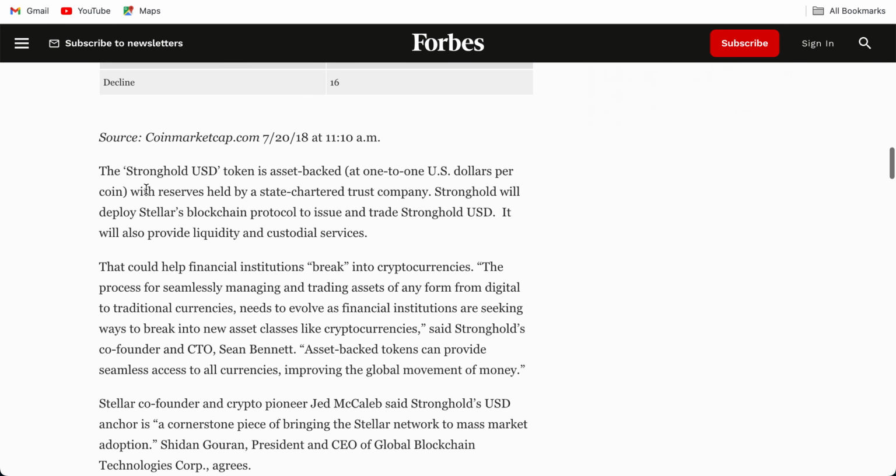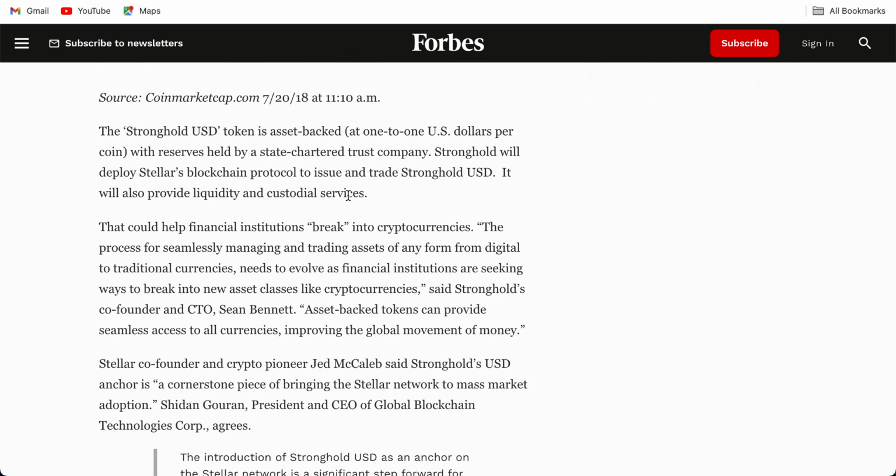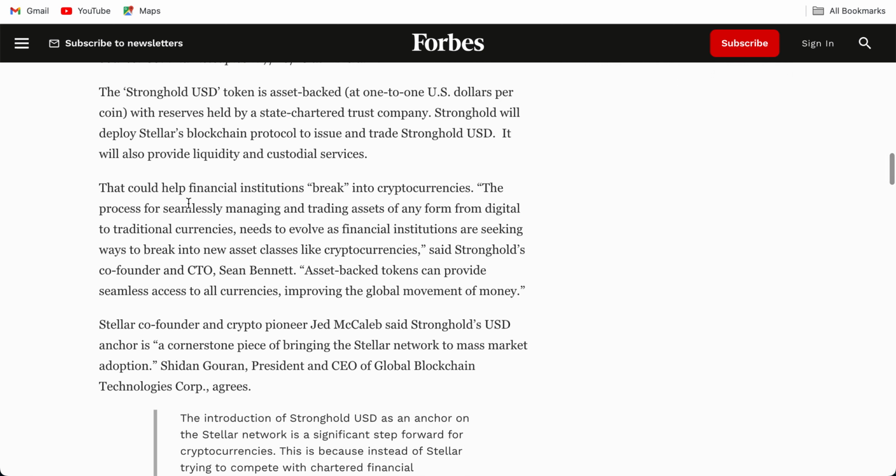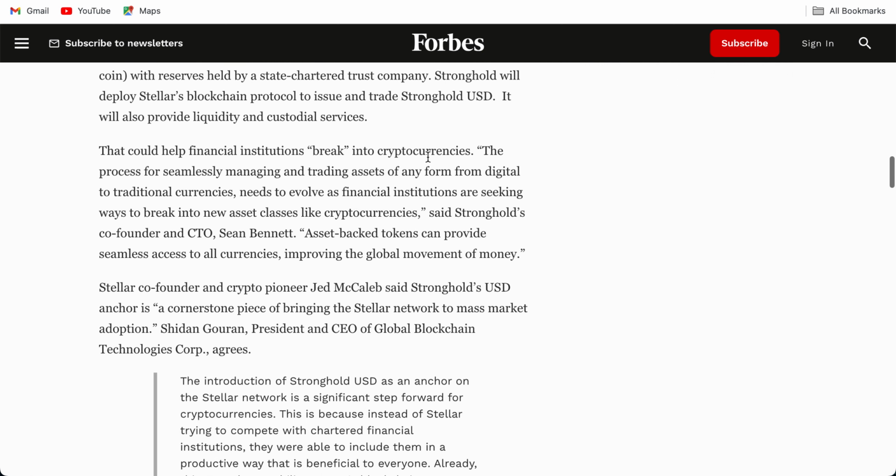Let us move ahead. The Stronghold USD token is asset backed at 1 to 1 US dollars per coin with reserves held by a state chartered trust company. Stronghold will deploy Stellar's blockchain protocol to issue and trade Stronghold USD. It will also provide liquidity and custodial services that could help financial institutions break into crypto.